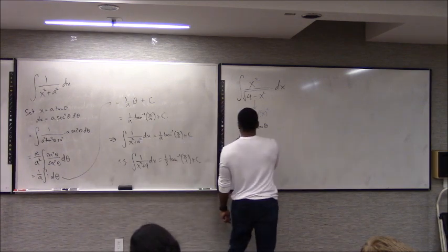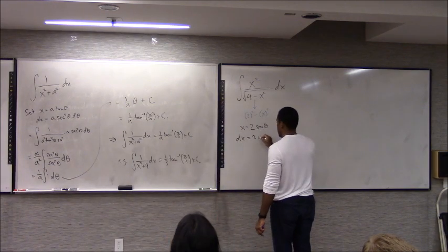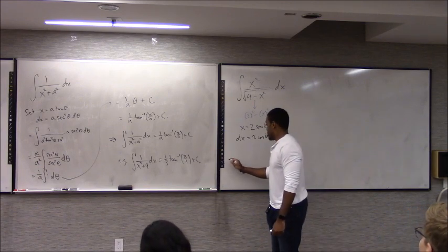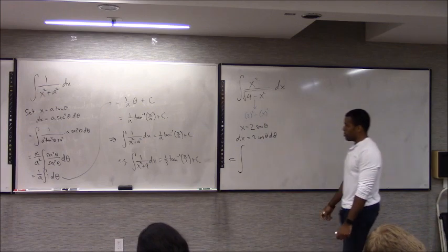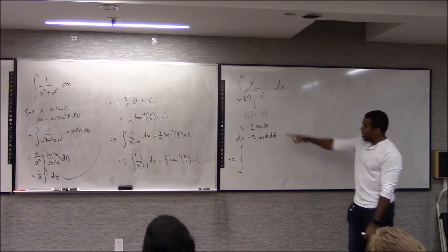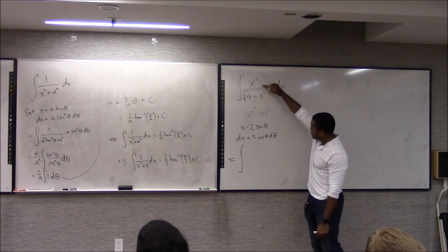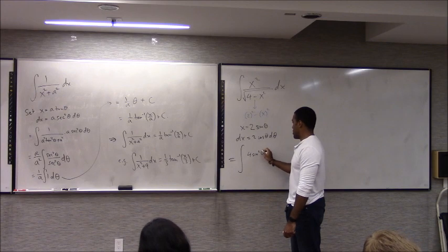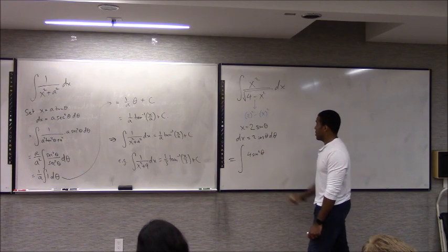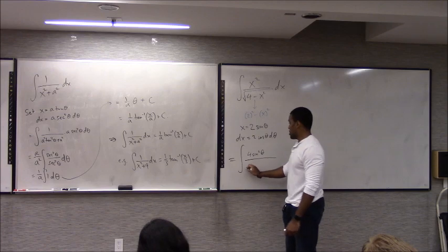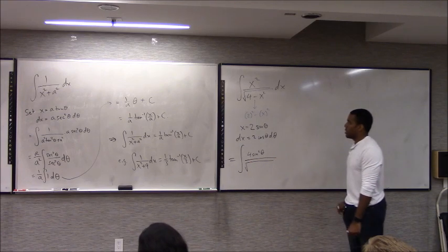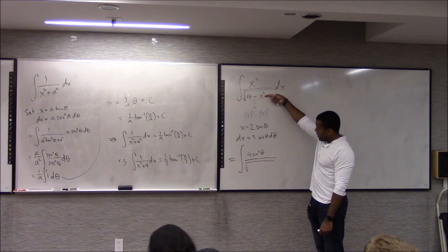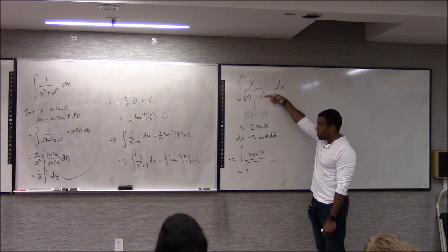Now you're going to differentiate. Derivative of sine is cosine theta d theta. So now you're going to go back over here and plug into this integral. Now your x is 2 sine theta, so your x squared is going to be 4 sine squared over the radical of, now if your x is 2 sine theta, then the denominator would become 4 minus 4 sine squared.